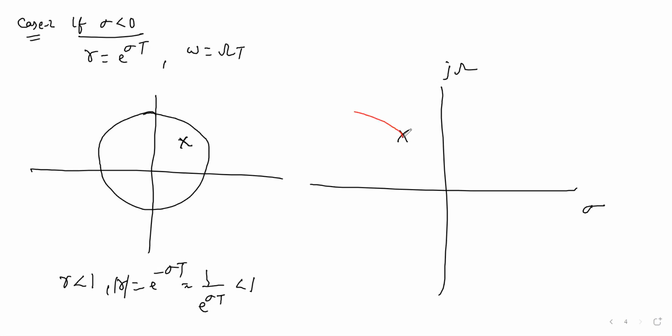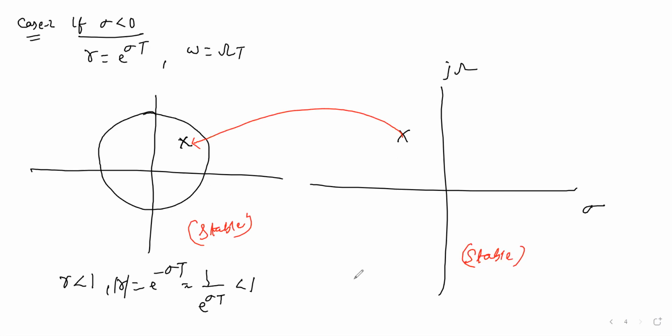Now, if a pole lies on the left hand side of the S plane, what type of system is it? A stable system. And poles inside the unit circle? Stable. So stable in the S domain maps to stable in the Z domain.